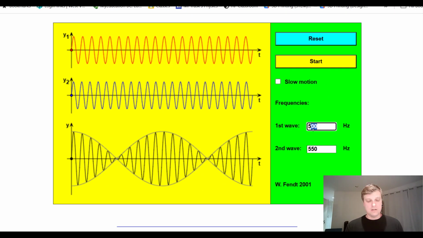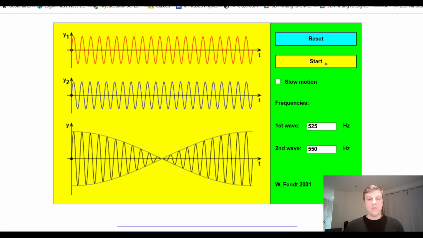So let's take this first wave and make it 525 hertz. Now when I run this, you can see the frequency of the beat has gotten smaller, right? You see that the wavelength of the beat pattern overall got larger, which means the frequency has gotten smaller. So the beats are happening less frequently, and this is going to happen as I continue to get closer and closer.